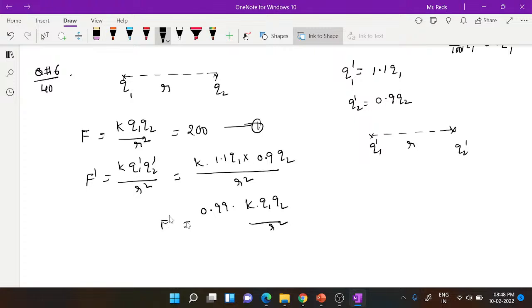So F dash is 0.99 into 200. 0.99 into 100 is 99, into 2 is 198. 198 Newton. This will be the new force.